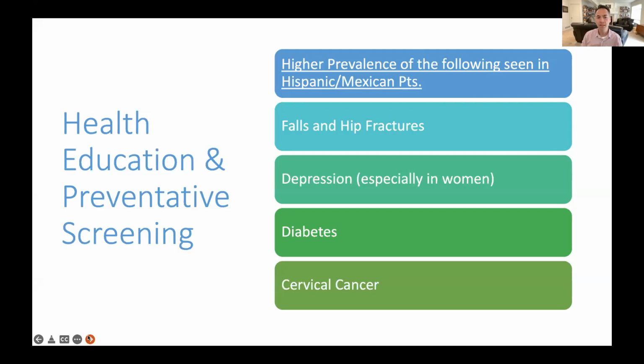So in the Latinx population, some of the health issues, as well as possibilities of health education and preventative screenings, include a higher prevalence of falls and hip fractures, depression, especially in women, diabetes, and cervical cancer. As your population of Hispanic or Latinx people increases, these are some of the things that might be important to reach out to.